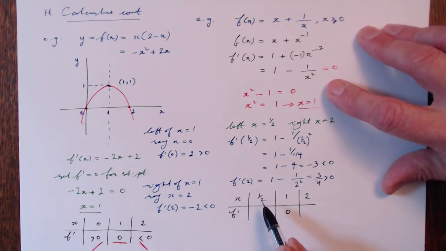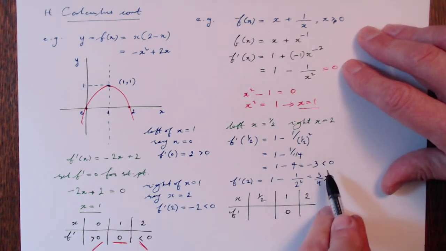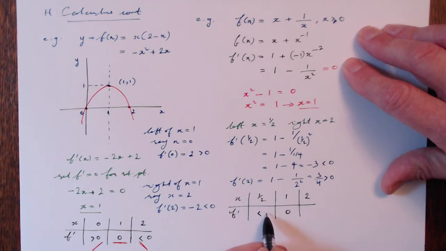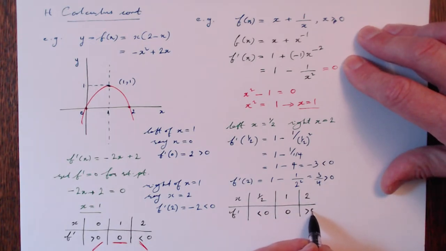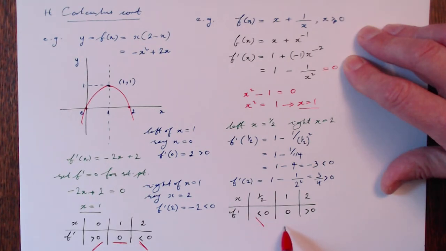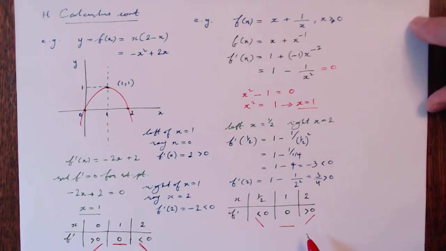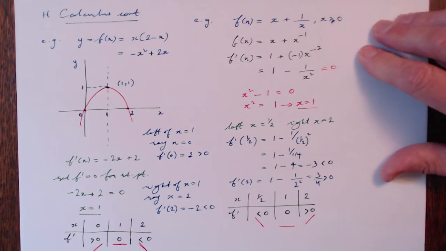And to the left, I find that the derivative is negative. To the right, I find the derivative is positive. And therefore, I can see that I have, in this case, a minimum. Negative gradient, 0 gradient, and positive gradient. I have a minimum for this function. And let's just see if that makes sense.